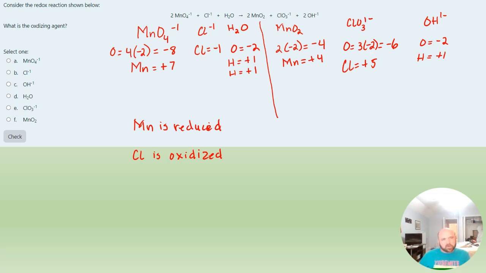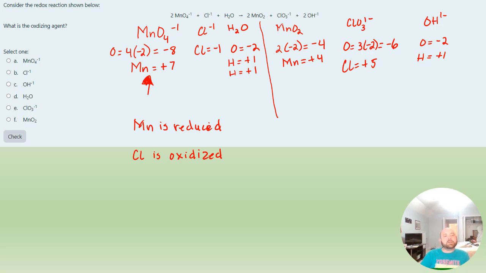Now here comes the part where it's a little bit tricky on the terminology. We often call the species that the reduced atom is part of the oxidizing agent. For instance, here in this case, this is the species that manganese is originally a part of.